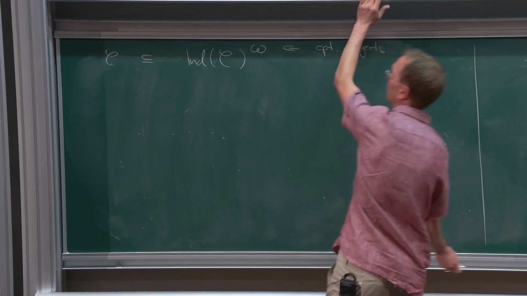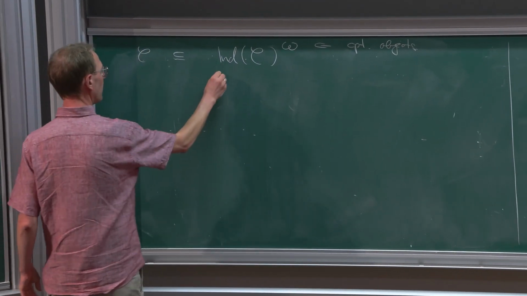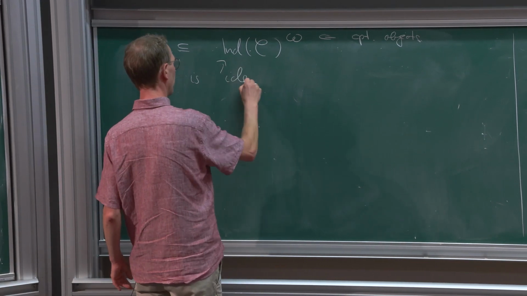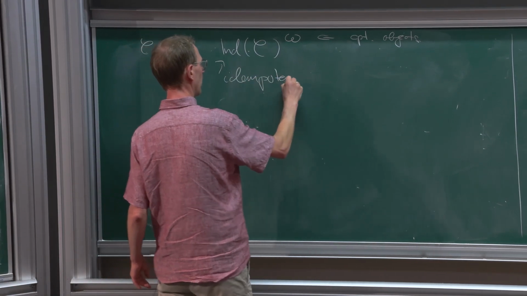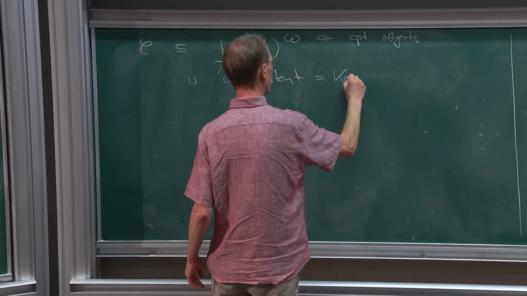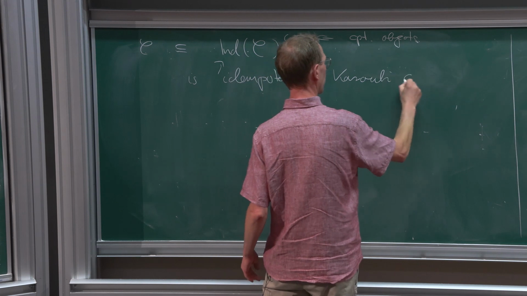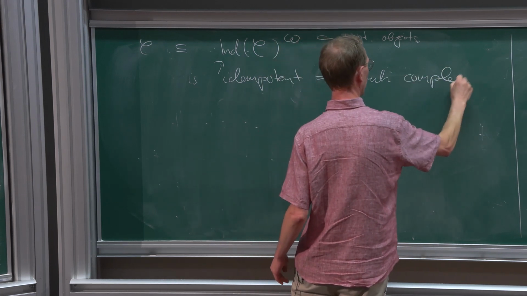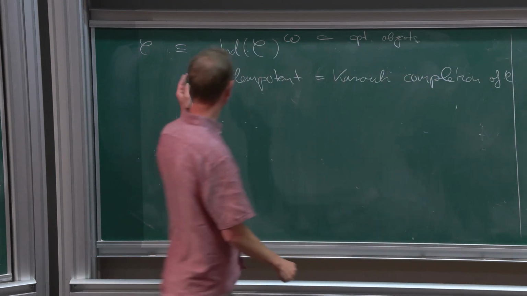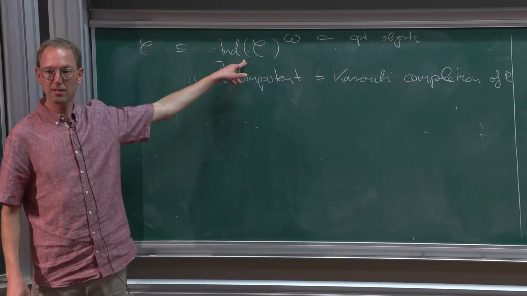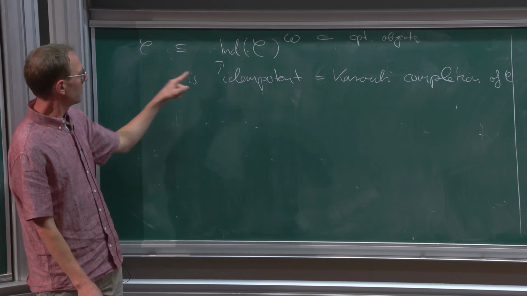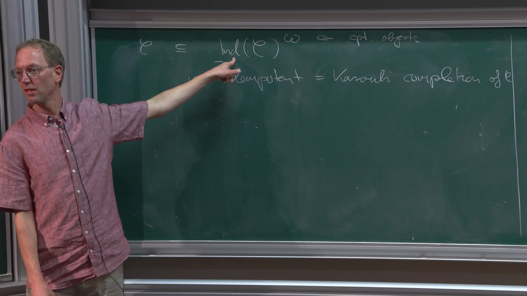Okay, and it turns out that this one here is the so-called idempotent or Karoubi completion of C. In other words, this category here is closed under retracts, and every object of C is a retract of some object in the Ind-completion.